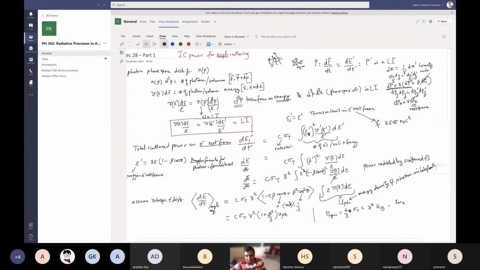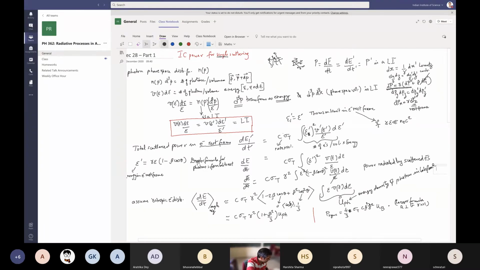And this was actually just applying the Larmor formula in the lab frame for the case when acceleration is perpendicular to velocity and gamma is greater than 1. In fact, even if gamma is not greater than 1, this is what the formula is, I think. So I can actually check it. Yes, that's correct.